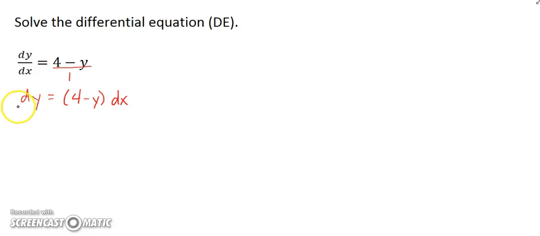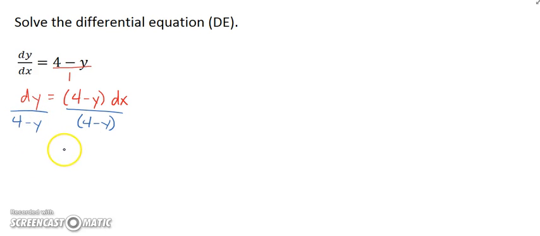And I want you to reject the notion to distribute that dx here. That's really not very helpful, because if I did, I would get a term that has blended x's and y's, and that's not really what I'm looking for. The best thing to do now to get x's and y's separated would be to divide both sides by 4 minus y.